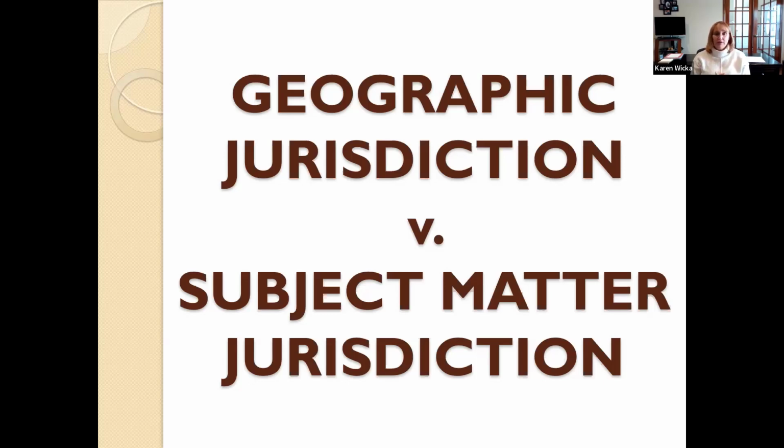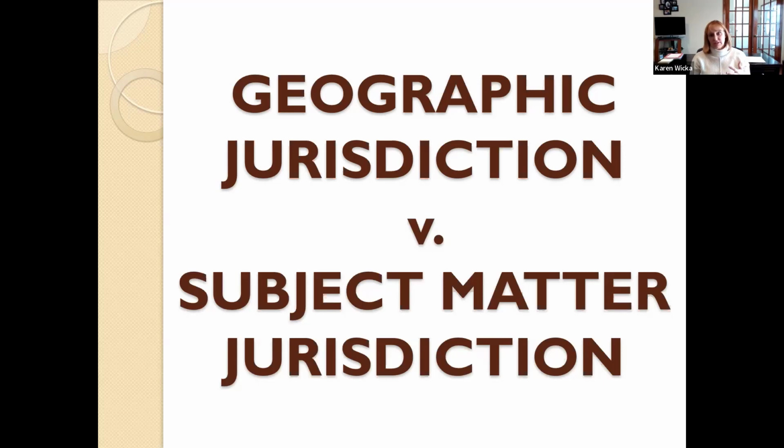We have family court. Family court hears juvenile crimes. They decide paternity issues and child support issues and child custody issues. Those are the only kinds of issues they're allowed to hear. So those are what we call subject matter jurisdiction. There are some courts that can only hear cases on very specific subjects.